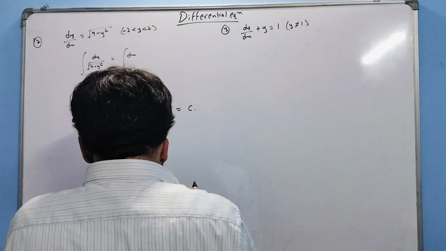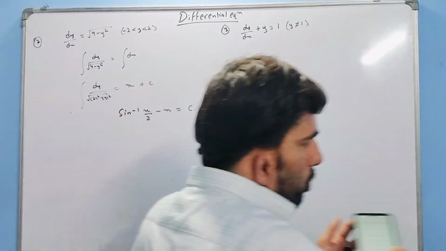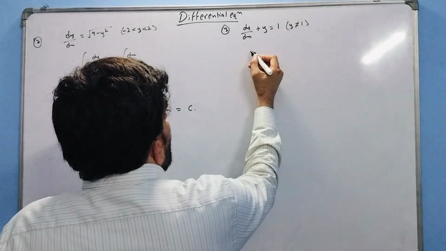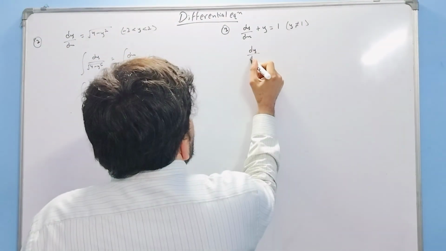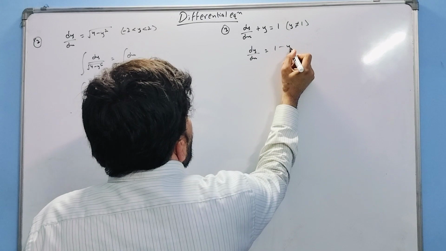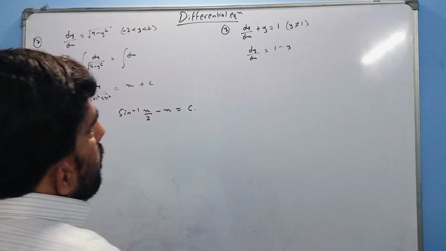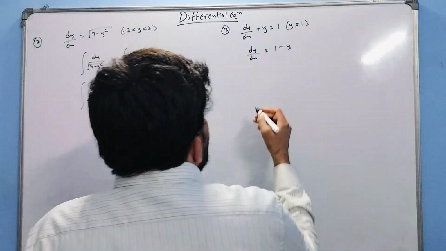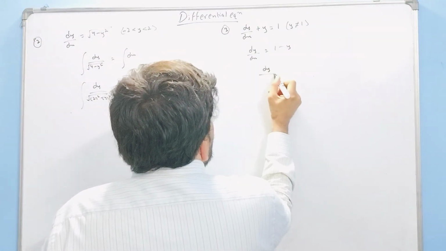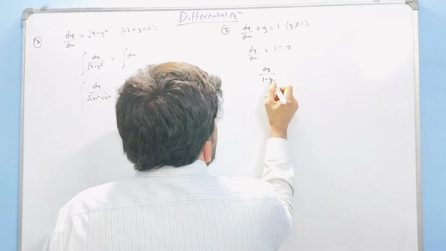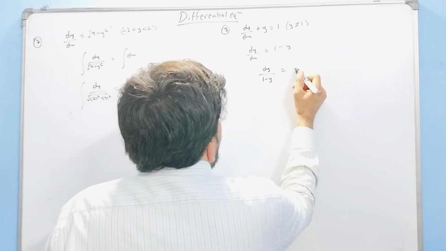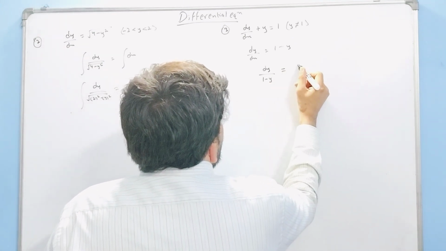Okay, dy upon dx plus y is equal to 1. So now what can we do? dy upon dx is equal to 1 minus y. Now dy upon 1 minus y is equal to dx.